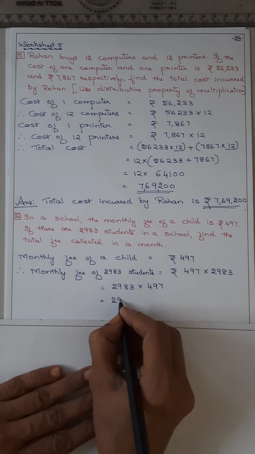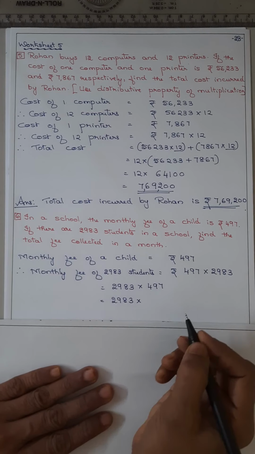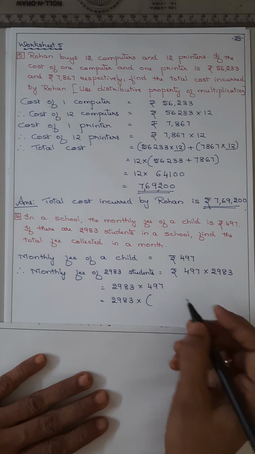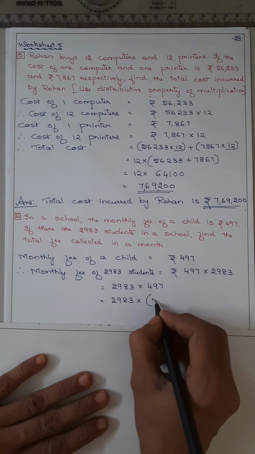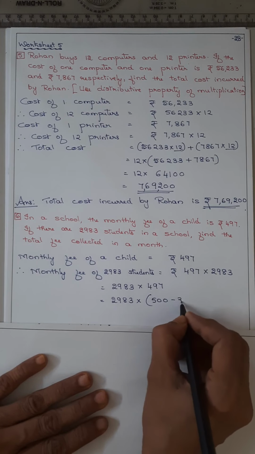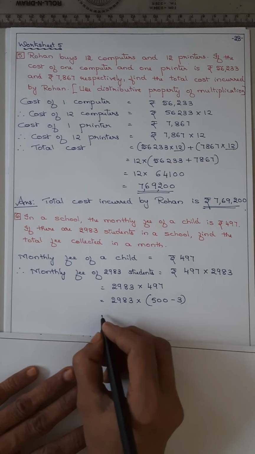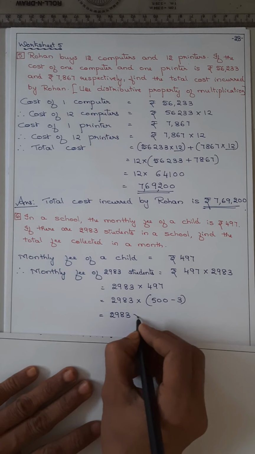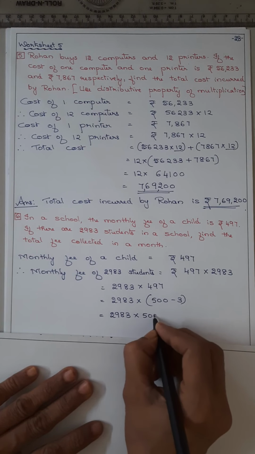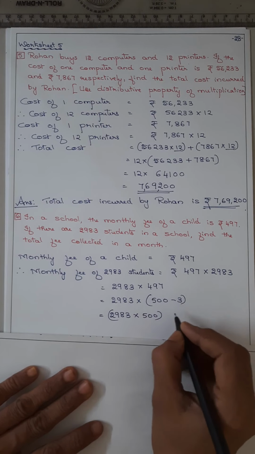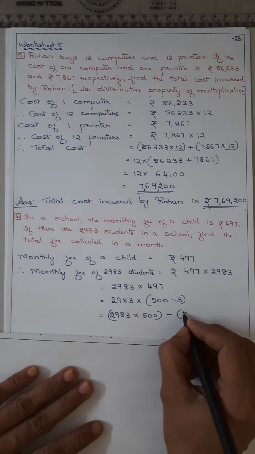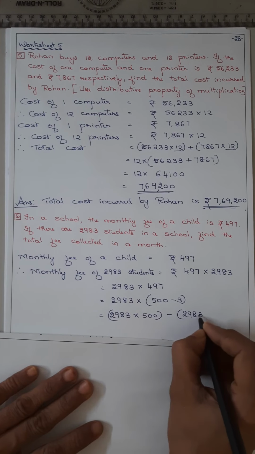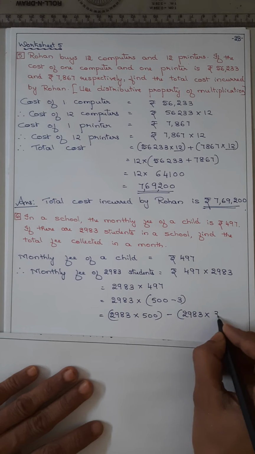Now 2,983 write as it is, multiplied by 497, which can be written as 500 minus 3. That means 2,983 into the first number, that is 500. Then here the sign is minus. 2,983 into the second number, that is 3.